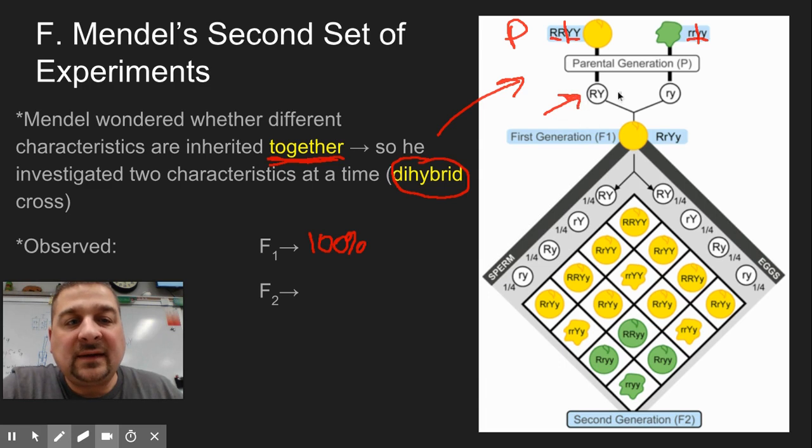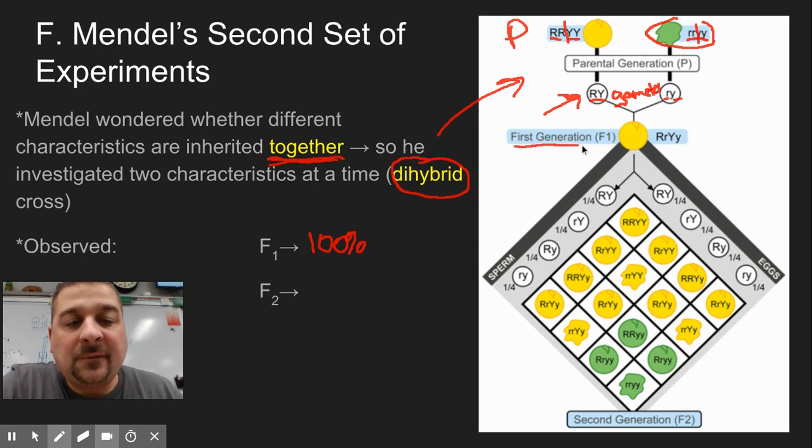If these are the gametes right here in the middle, the sperm and the egg, what did the round yellow plant pass on? Well, it had big R, big R, big Y, big Y, so it had to pass on a dominant allele for each trait, big R and big Y. The pure recessive had to pass on a recessive allele for each trait.